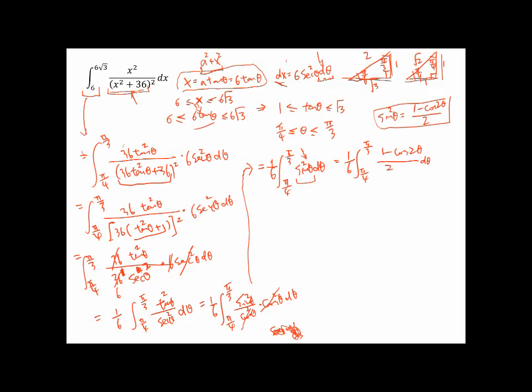Okay, so what I need to do is take the constant out with this 1 over 6 and split it into two integrals, right? So 1 over 12, integral from pi over 4 to pi over 3 of 1 d theta, minus the integral from pi over 4 to pi over 3 of cosine 2 theta d theta.